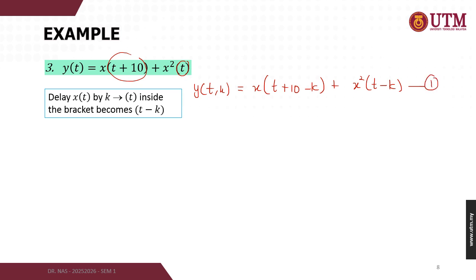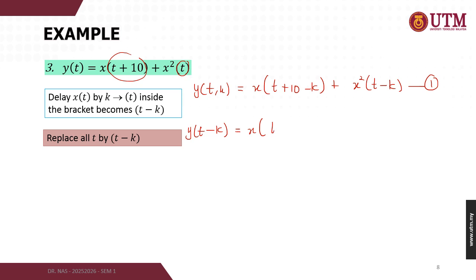Second, replace all t's inside and outside the bracket by t minus k. So now y(t minus k) equals x(t minus k plus 10) plus x squared (t minus k).